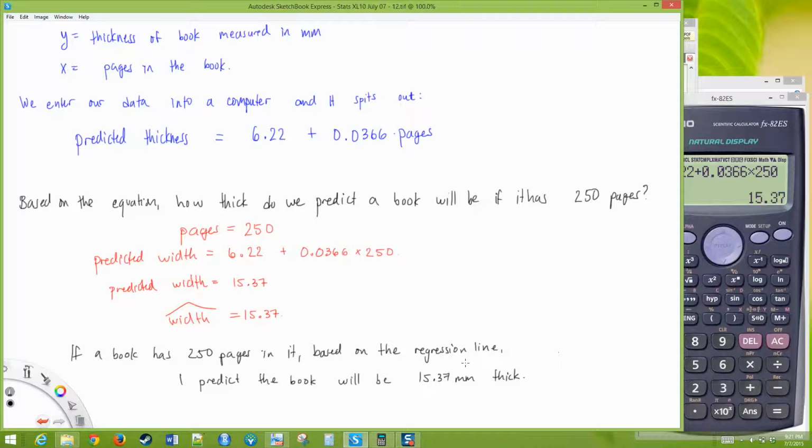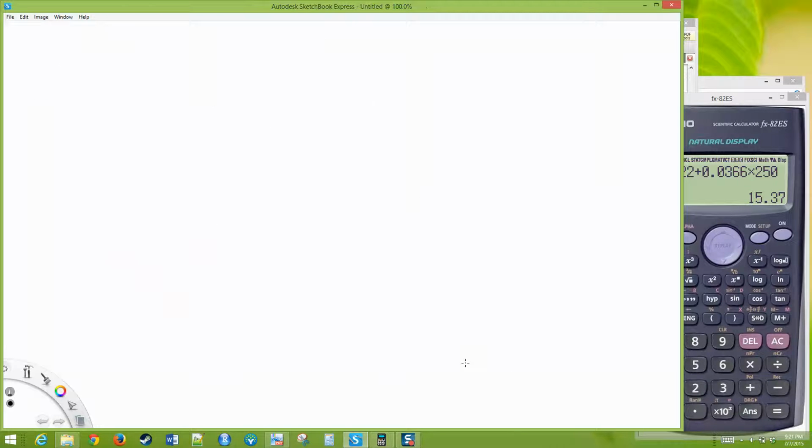And so let's try an example here. For example, a computer might spit out something like this, okay? So this will be computer output. And it will say something like this.